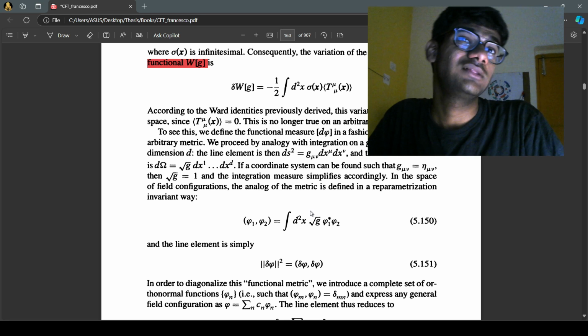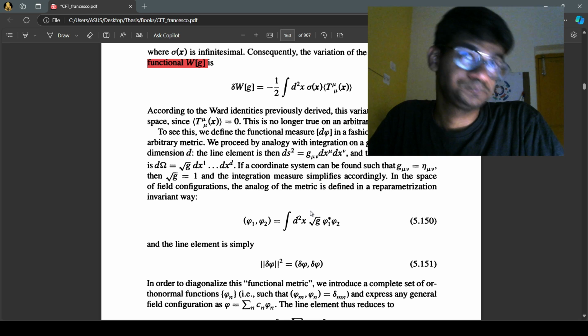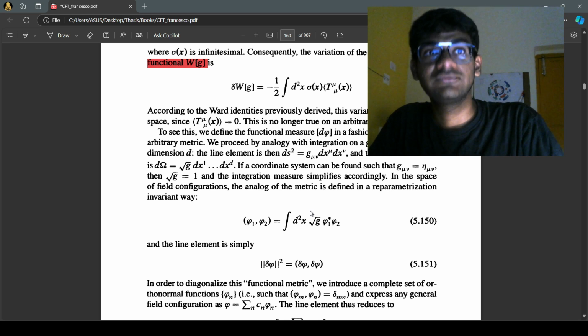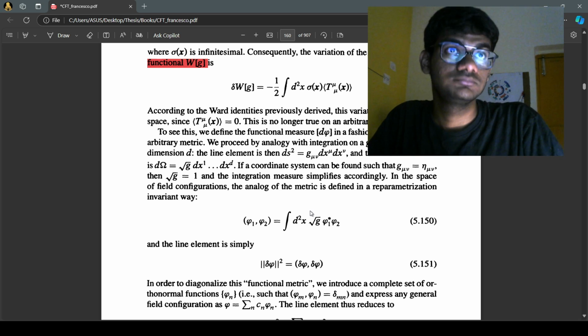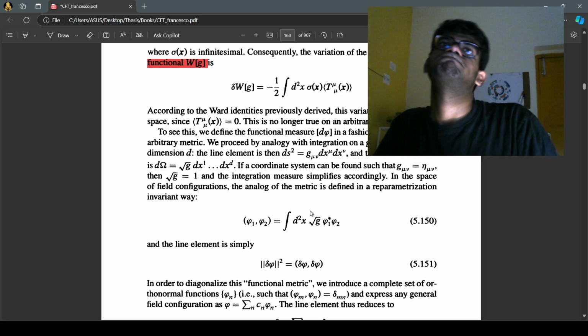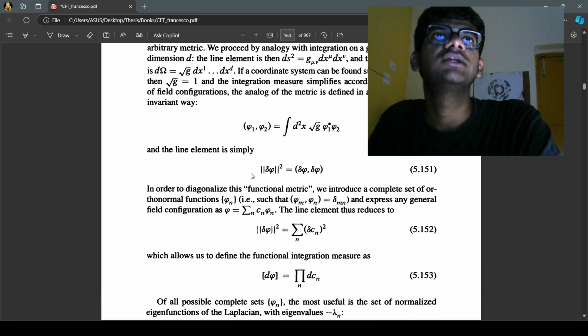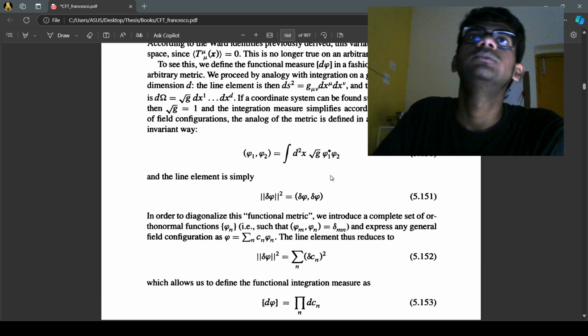Okay, then the line element is simply delta phi comma delta phi. I see. Okay, the metric is defined this way. The line element is this. What about the volume element?